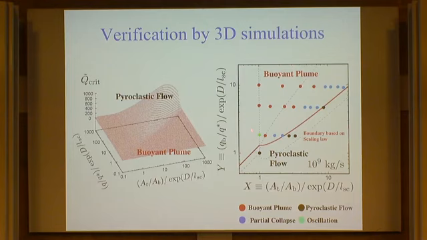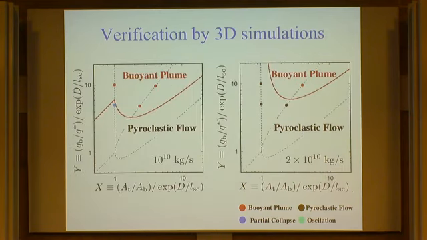And this is oscillation. But the boundary is very consistent with the 3D simulation. And as you see in this surface, as the magma discharge rate increases, the region of buoyant plume is reduced to a considerable extent, and that is also consistent with 3D simulations. As the magma discharge rate increases, the buoyant plume region decreases like this.